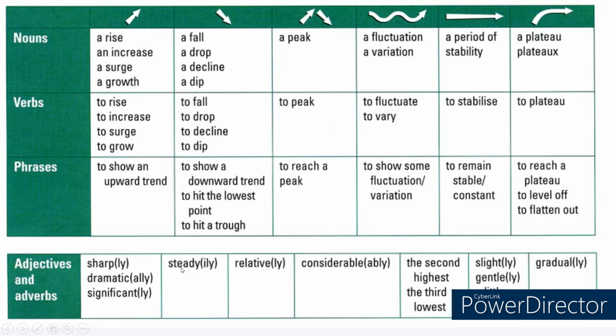Steady as an adjective, so if you have to use it as an adverb, you say steadily. The same: relative, relatively. Considerable, considerably. The second highest. The third lowest. Slight, slightly. Gentle, gently. A little. Gradual, gradually.